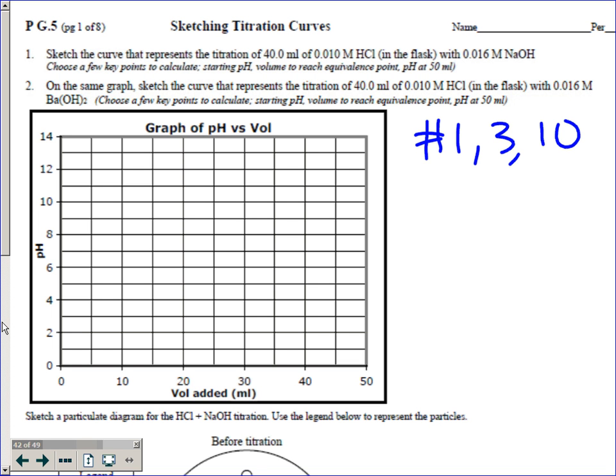Drew, do you have a copy? No? It's in the first packet. We can't find it.